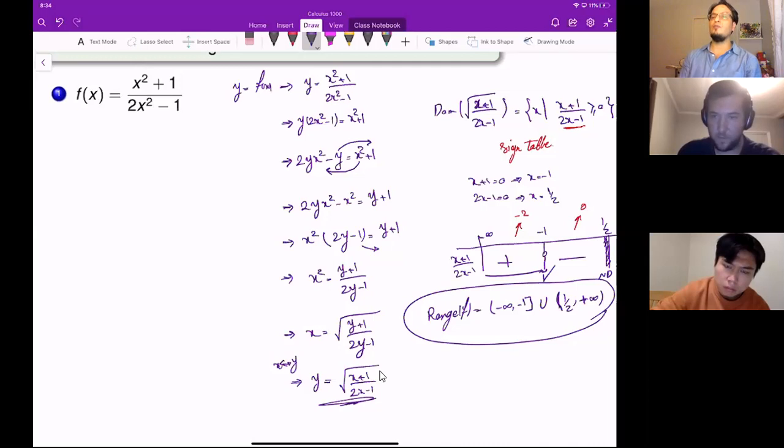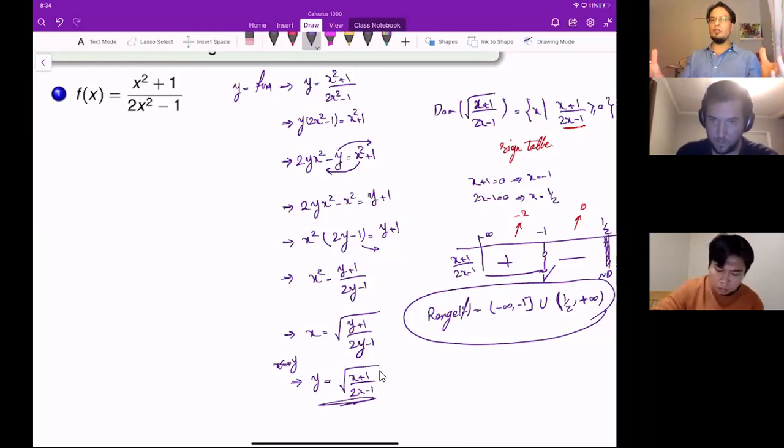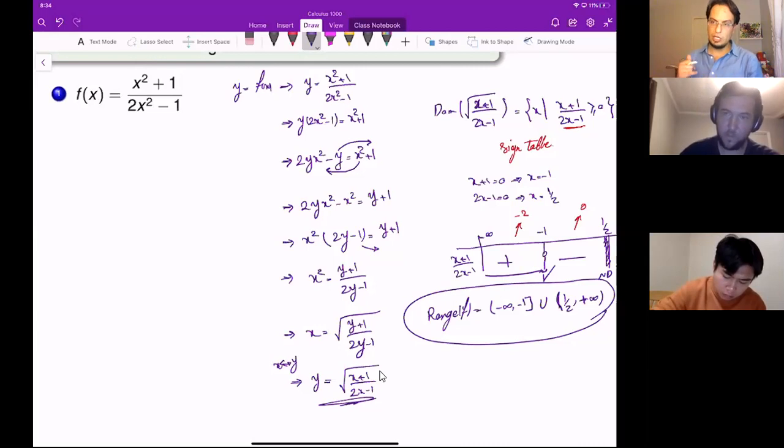The best way to find the range is what we will learn later in sketching the graph of a function. When you sketch the graph, the information you found you can use to find the range of the function. That's the most general way to find the range of a given function. But if you don't know that one, there are just a few cases that you can do. And this is one of the tricks.